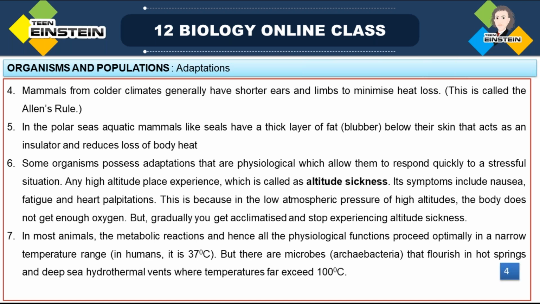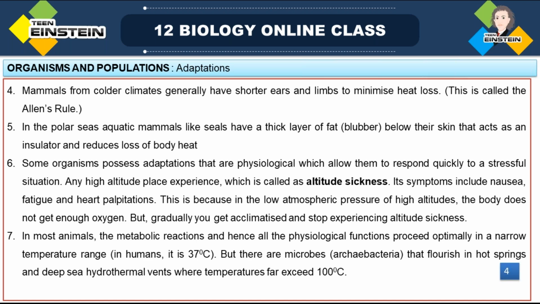In the case of human beings, it is around 37 degrees centigrade. But there are some microorganisms, like archaebacteria. Hope you heard about archaebacteria; you have studied it in 11th standard.